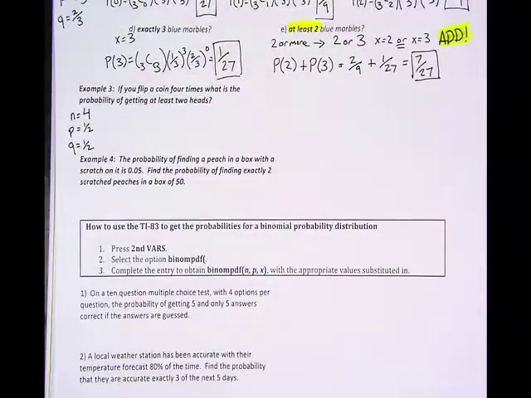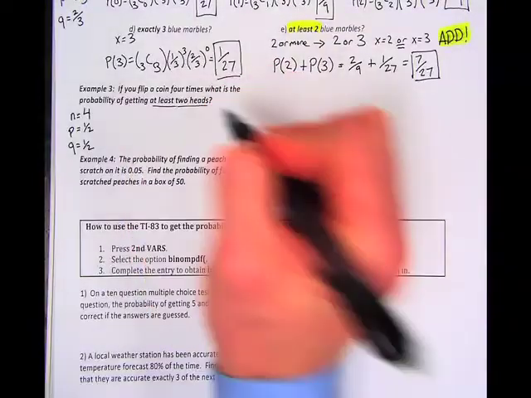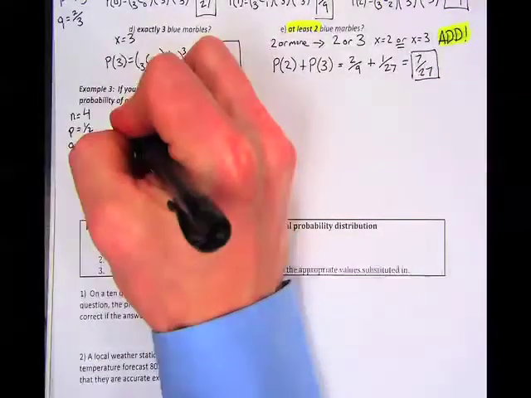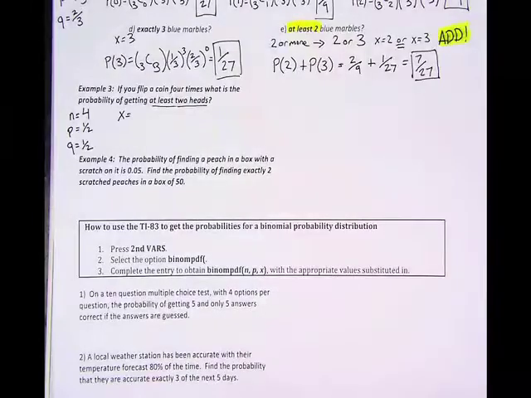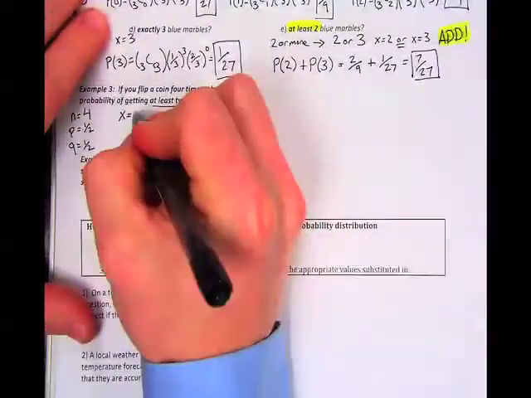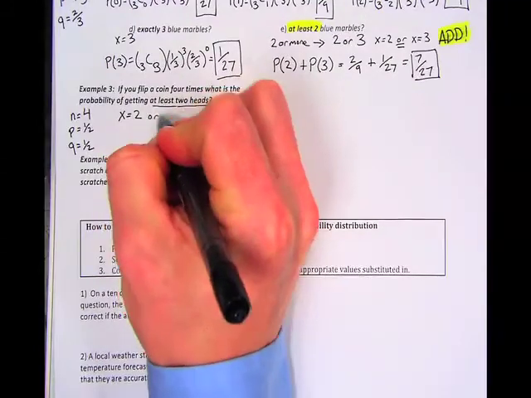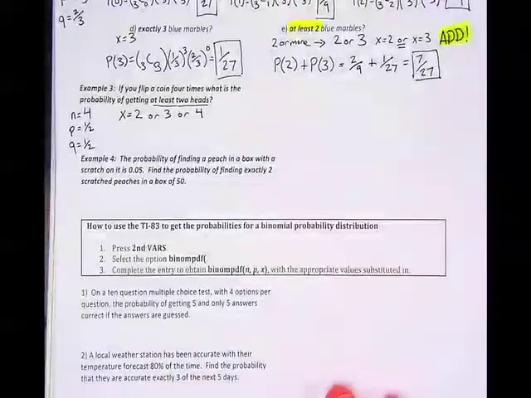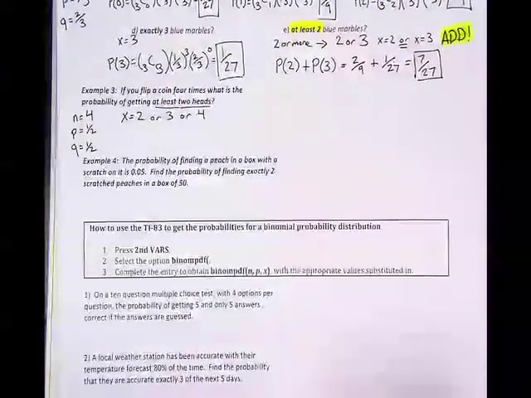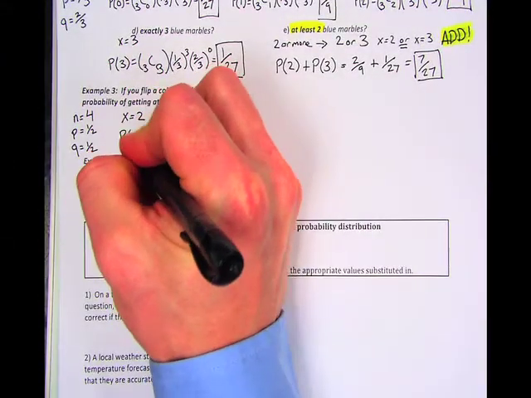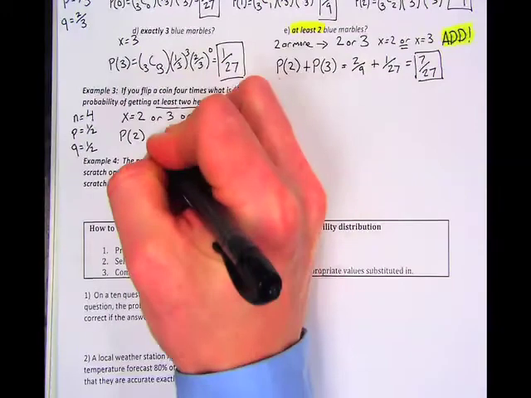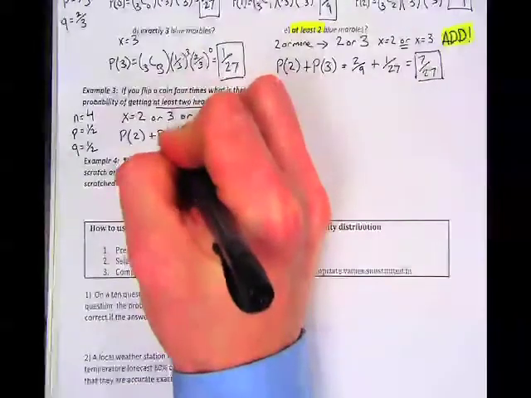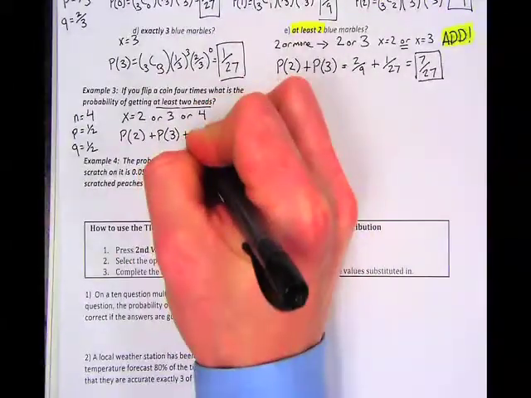Now this question says getting at least 2 heads. So when we find our x, we actually need to find x equals 2, or 3, or 4. And that tells me we're going to find each one of these probabilities, probability of exactly 2, plus probability of exactly 3, plus probability of exactly 4.